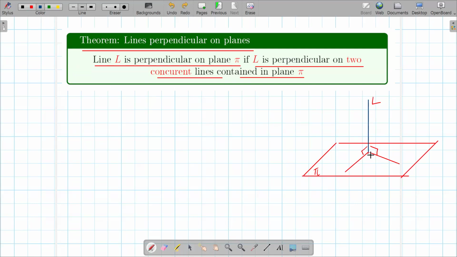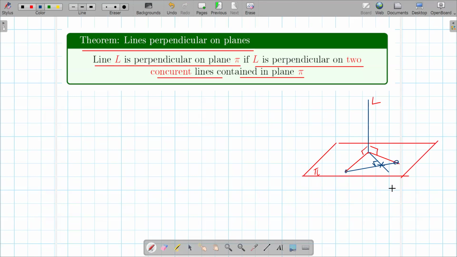Well, let's consider a line contained in plane pi. There you go, here's a line. Let's take a point on it. All right. And let's draw a perpendicular on this line in this plane. So I'm going to draw this perpendicular right here.